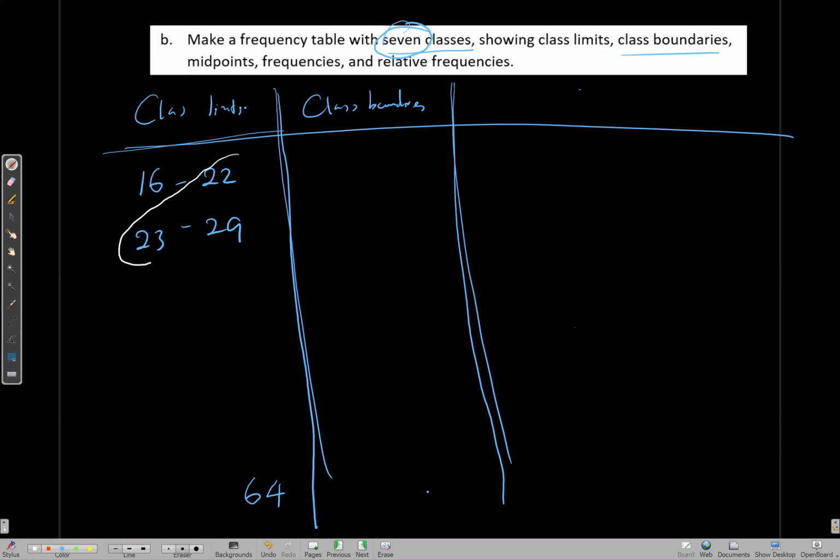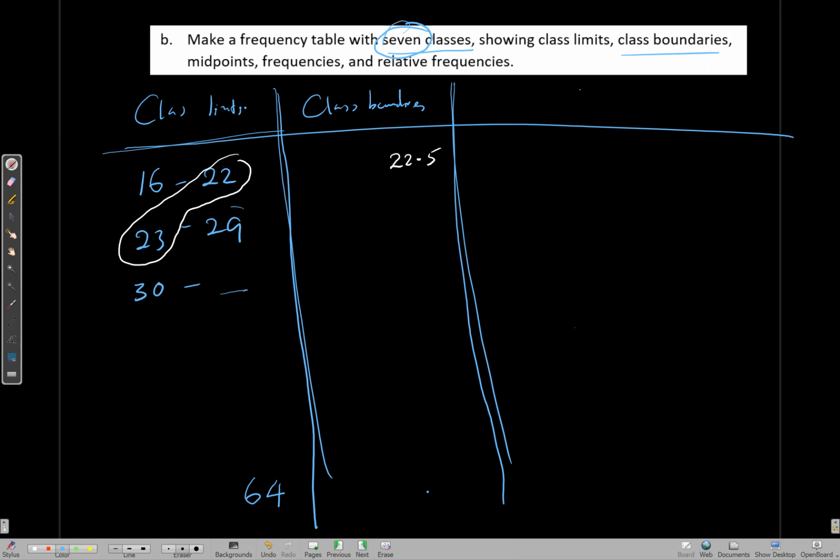Look at these two numbers, 22 and 23. What's the midpoint of that? You add them and divide by 2, but it's easy here, 22.5, right? That is the midpoint. And let me write down one more, 32 something here.